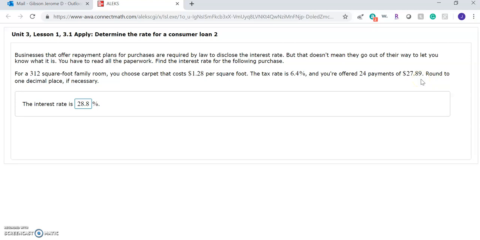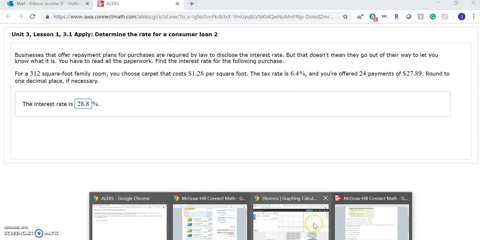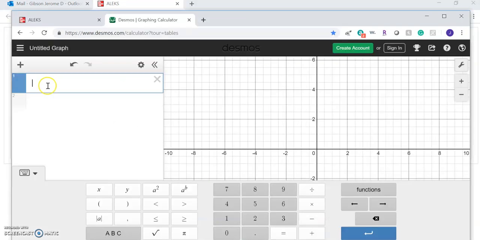So we add 24 times $27.89, and we will put that in our calculator. 24 times $27.89, and that would give us $669.36.